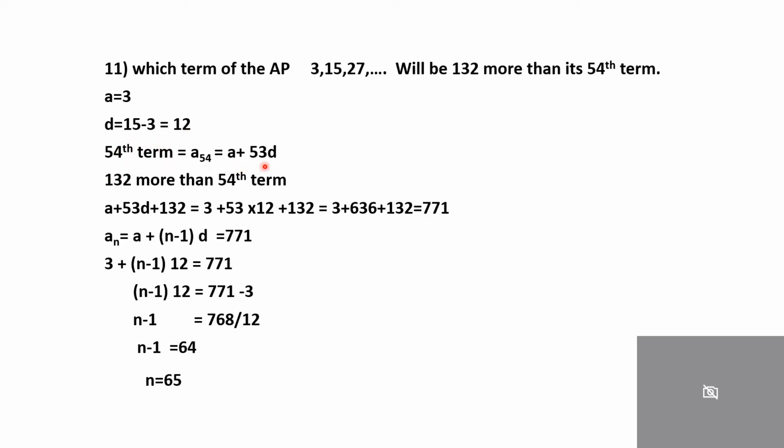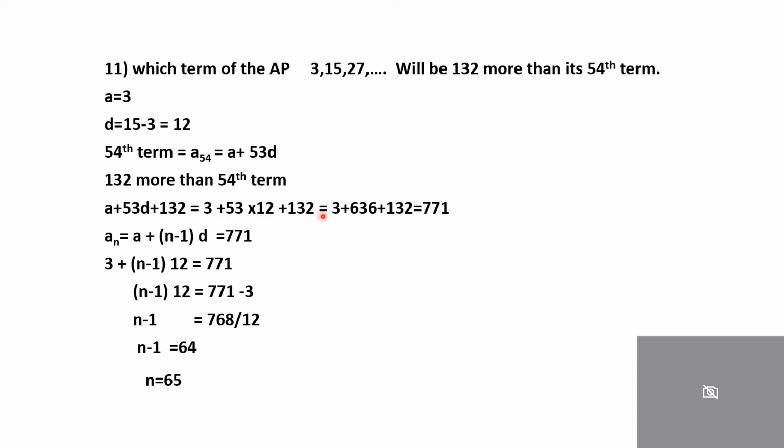You know a plus 53d, so the 54th term is a plus 53d. 132 more than the 54th term means a is 3, so 3 plus 53 into d, which is 12. As it is 132 more, I am adding 132 to that.